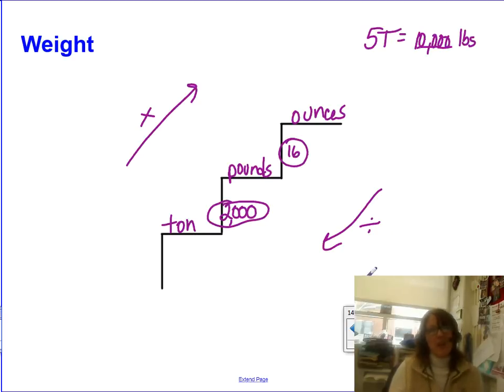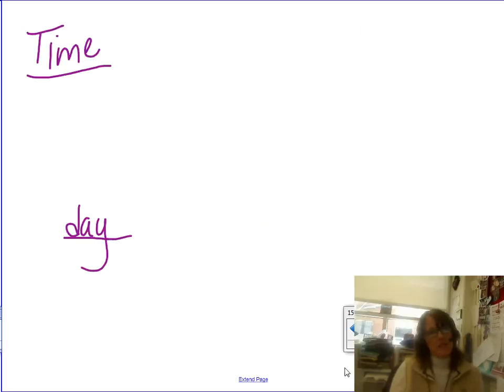All right, so we've got length. We've got capacity or liquids, okay? And we have weight. The last one, which really is not the customary system and it's not involved with the metric system either, is time, okay? Days into hours is consistent.